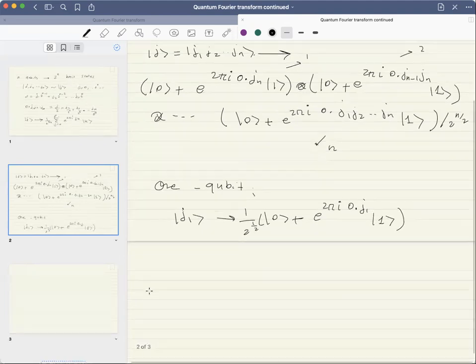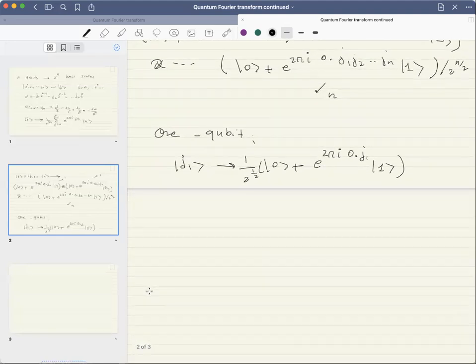Okay, so what is that? That's a Fourier transformation on a two-dimensional space. So you have state 0 and 1. Well, if J1 is 0, we have e to the 2 pi i 0 point J1, where 0 point J1 is again 0, right?